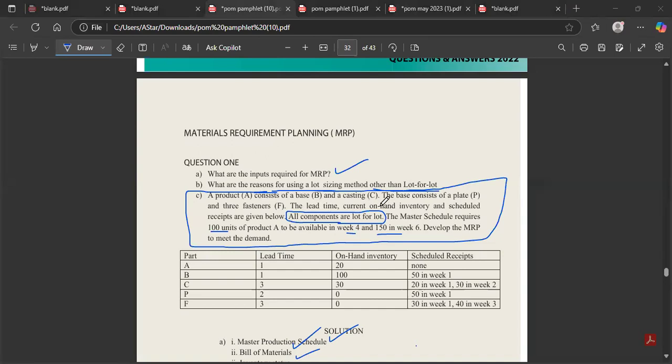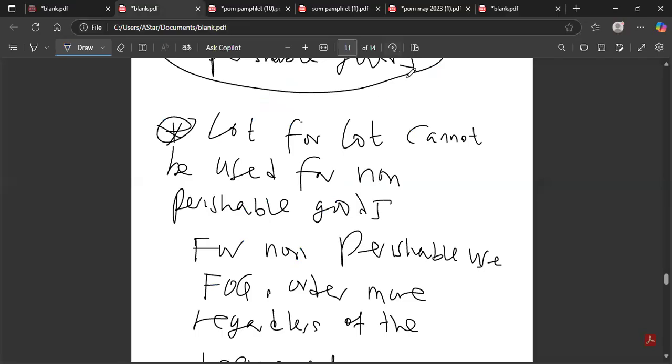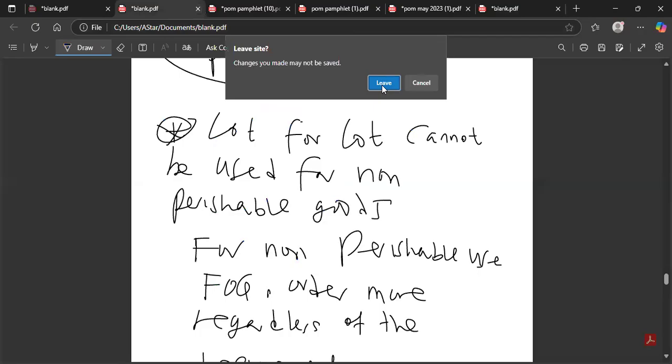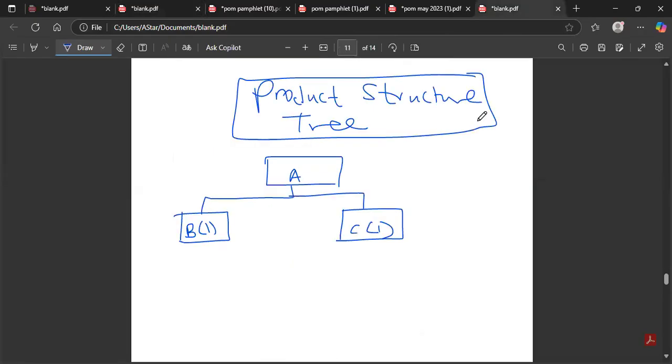So you get the information from the question and start. A base consists of a plate, P1, and the 3 fasteners.